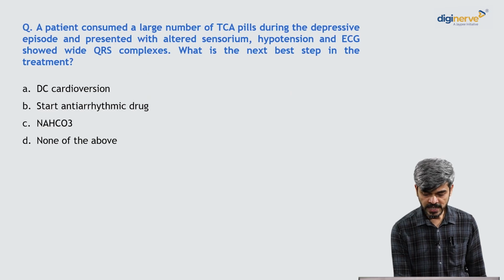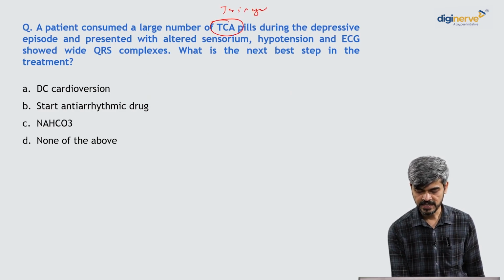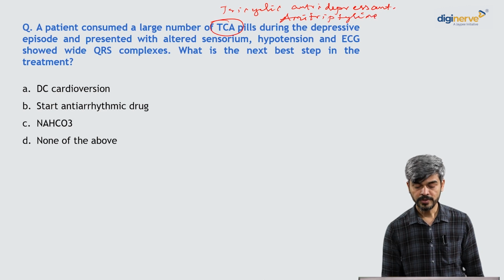A patient consumed a large number of TCA. What is TCA? Tricyclic antidepressants. Can you think of one tricyclic antidepressant? Amitriptyline, which is frequently used. Other ones like imipramine, dosulipin, nortriptyline.